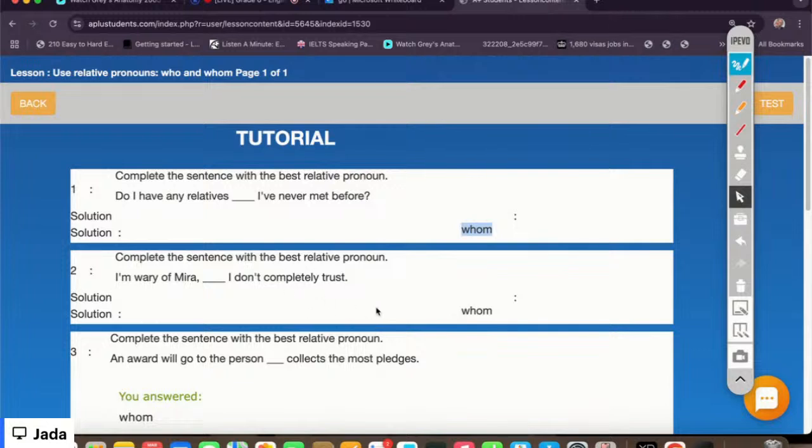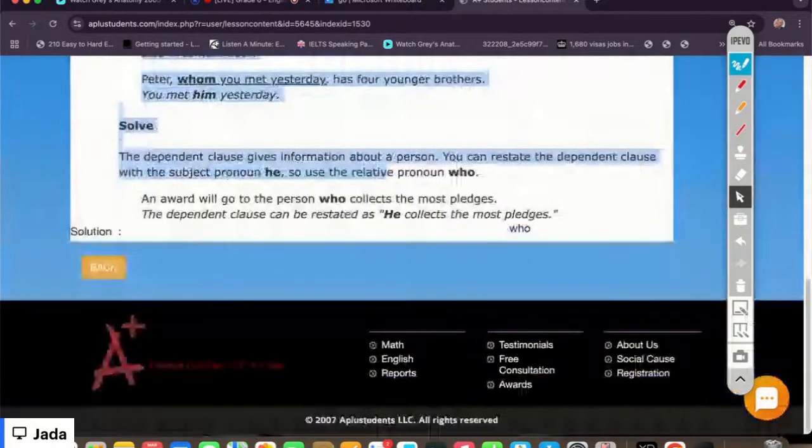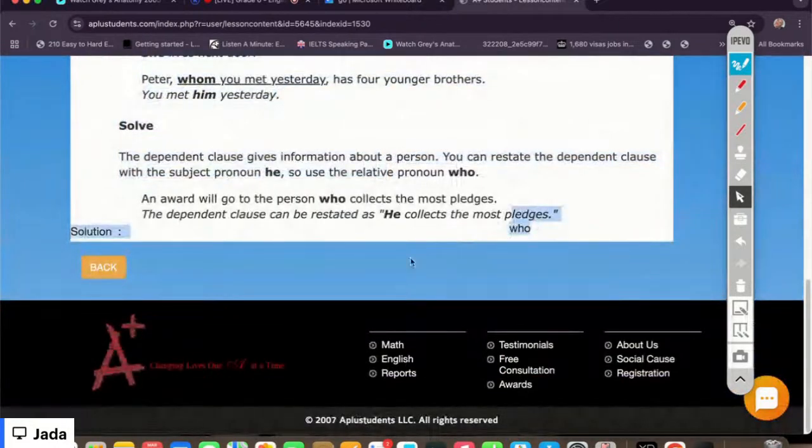So once you say I don't completely trust her, then whom is the right one. An award will go to the person that collects the most what? Pledges, right? So who? All right. So you can restate it and say he collects the most pledges or she collects the most pledges, like that. You can restate it and the subject pronoun would be correct.